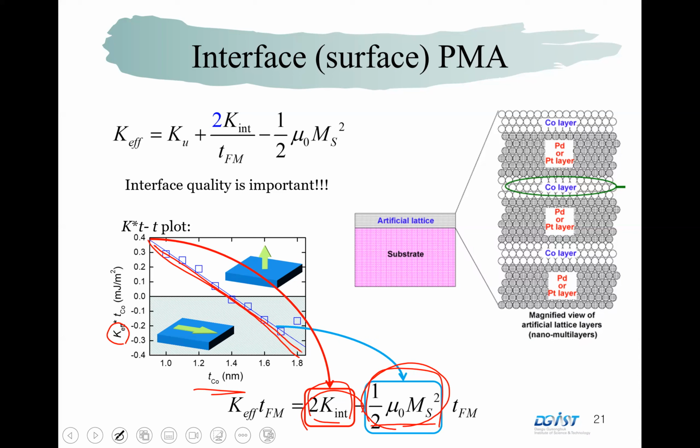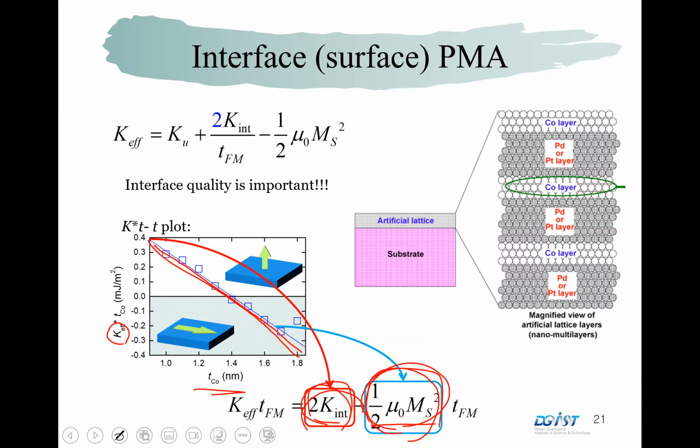When you are doing this kind of experiment with a linear fit, you always get a slope and an intersection, and usually they have an important physical meaning. That's why we are doing this kind of plot and fitting. So from this experiment, we can obtain the demagnetizing contribution and the interface contribution.